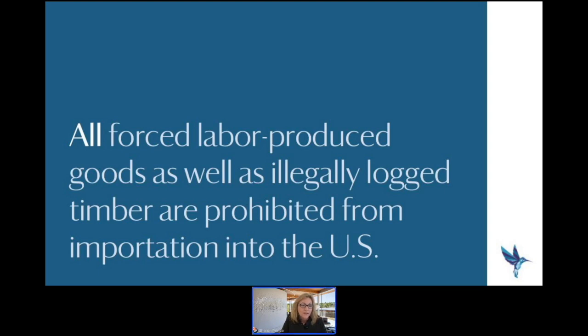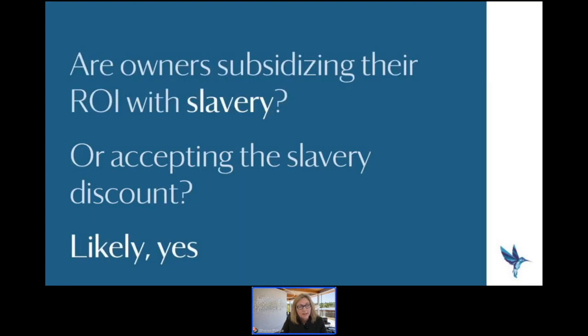There are also illegally logged timber laws, the Lacey Act. So it really is important for us to not only examine our supply chain and understand the provenance thereof, but also whether it has fair labor inputs. So now, are owners subsidizing our ROIs with slavery? Another way to think about it is, are we accepting the slavery discount?